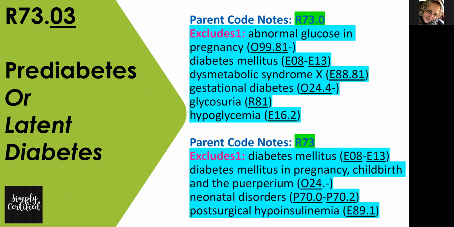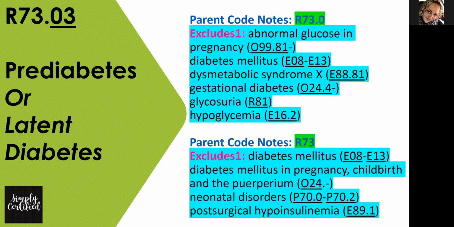You wouldn't code this with dysmetabolic disorder or metabolic syndrome. It's two different things. Most people that have the dysmetabolic syndrome end up with diabetes. So you wouldn't code them together. It'd be kind of redundant.